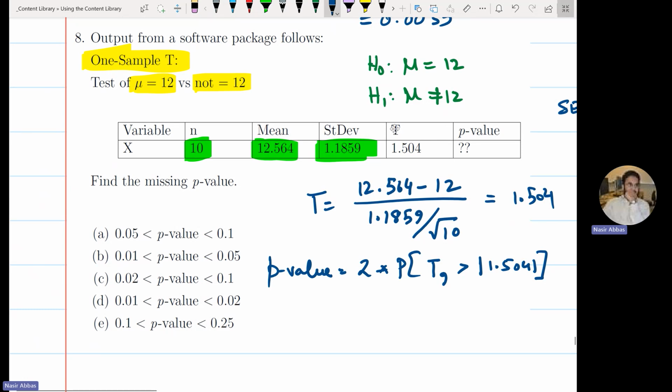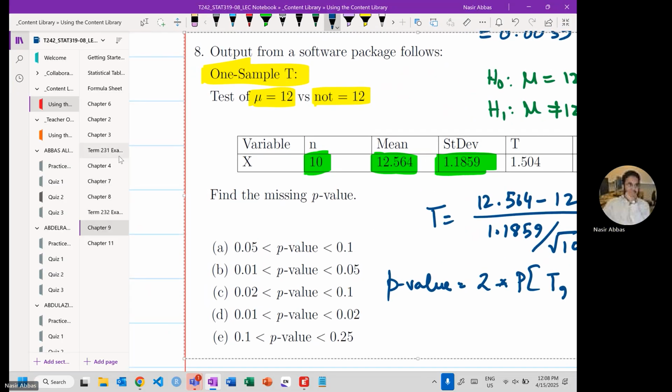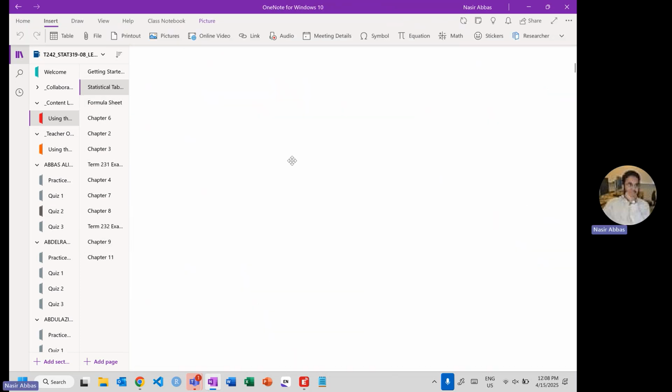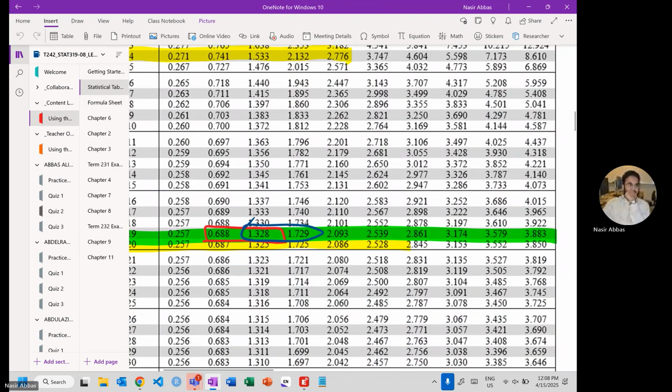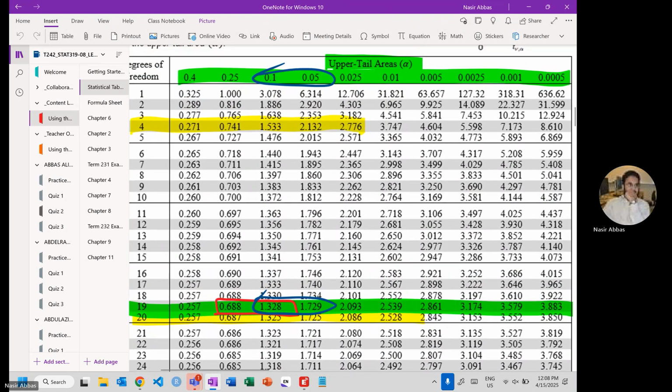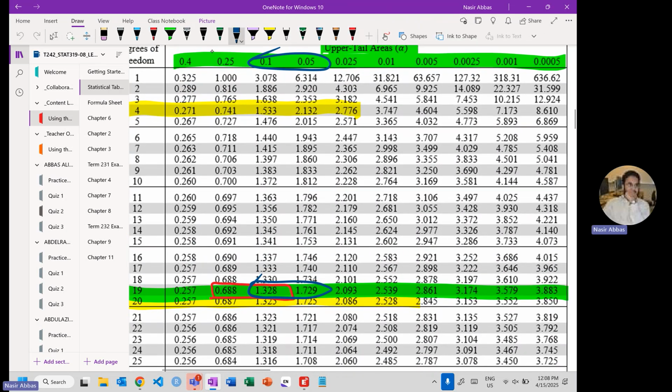So we go to the T table, with 9 degrees of freedom, and look for 1.504. Where is 1.504?